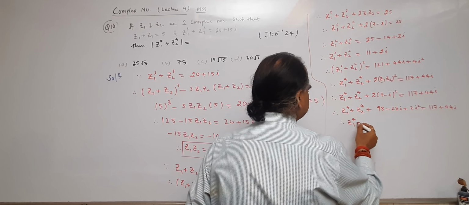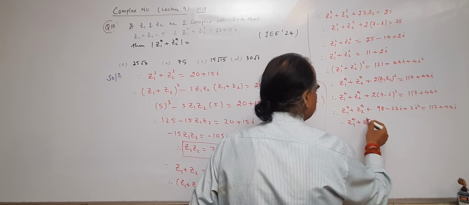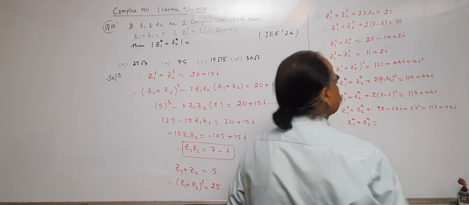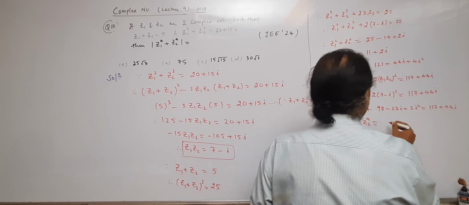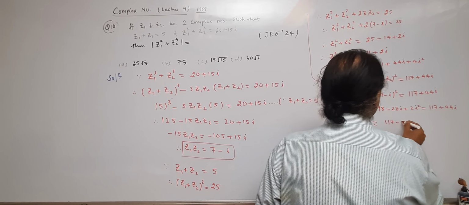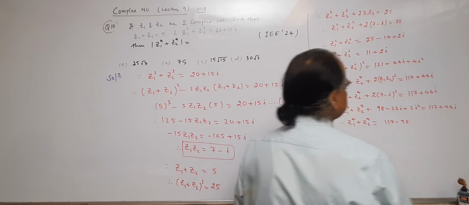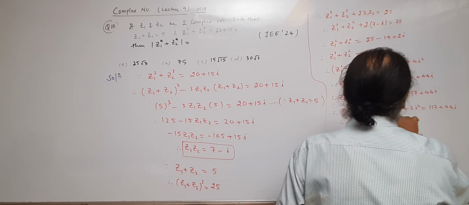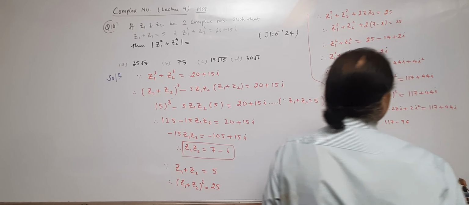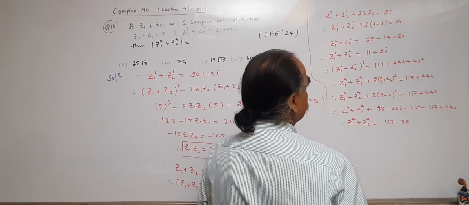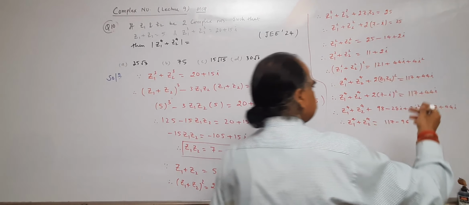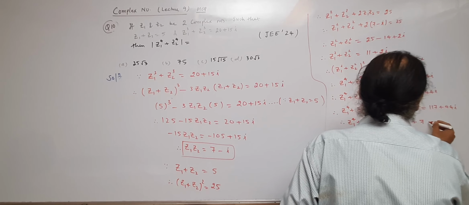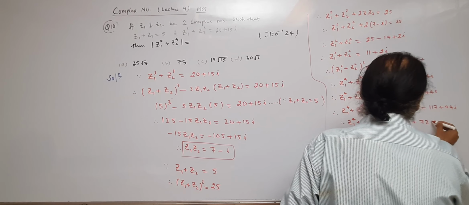Z1 raised to 4 plus Z2 raised to 4 will be what? 98 minus 2, 96. 117 minus 96 plus 44 plus 28, 72i.